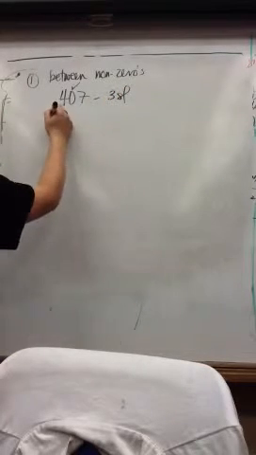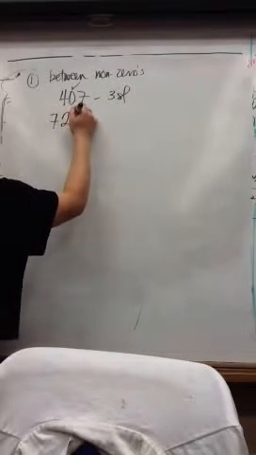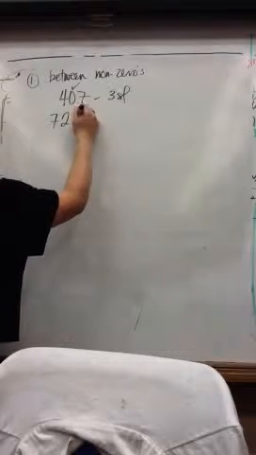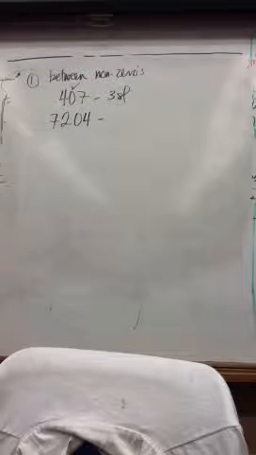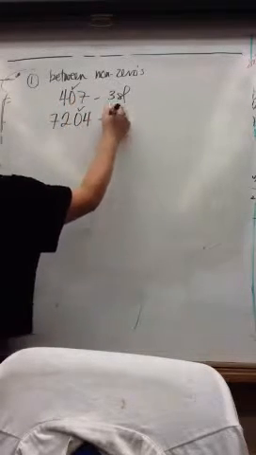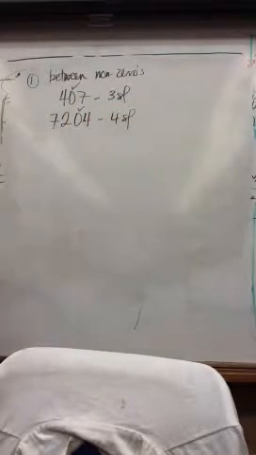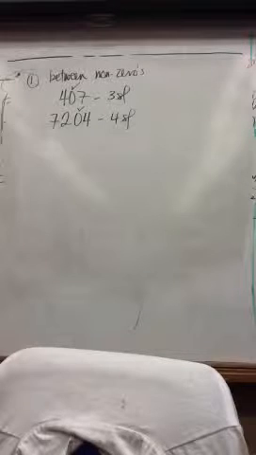In 7,204, how many sig figs are there? 4. This is significant because it's between non-zeros. Okay, that rule is also pretty easy. That's the first rule.